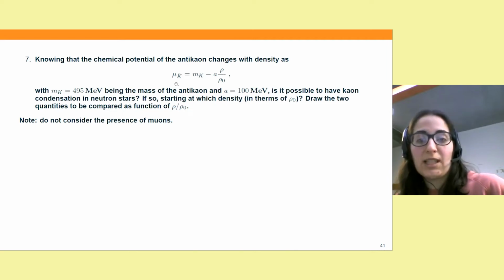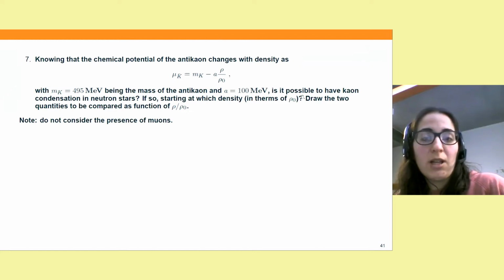So in vacuum, it is the kaon mass, but once we put it in medium, its chemical potential decreases linearly with density, with a factor A that we take as 100 MeV. And we have to see with this equation if it is possible to have a kaon condensation in neutron stars. And if so, we have to determine at which density this happens.